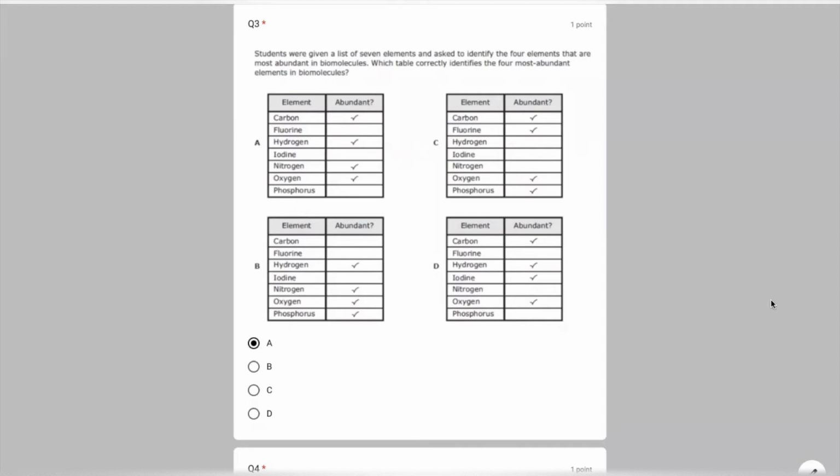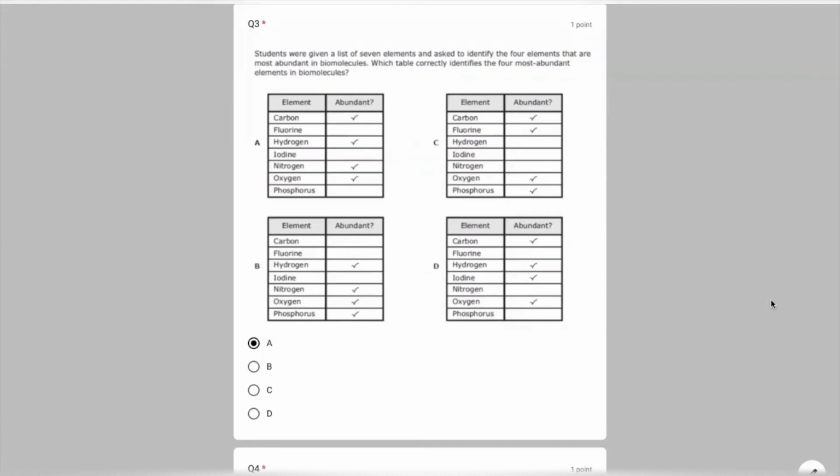C is wrong because it says there's fluorine. There's not. And then D is wrong because it says there's iodine. There's not. The only answer left is A, and genuinely, A is it.